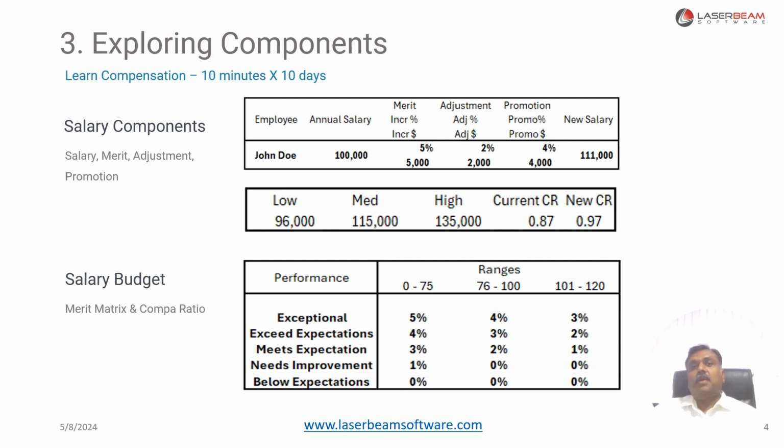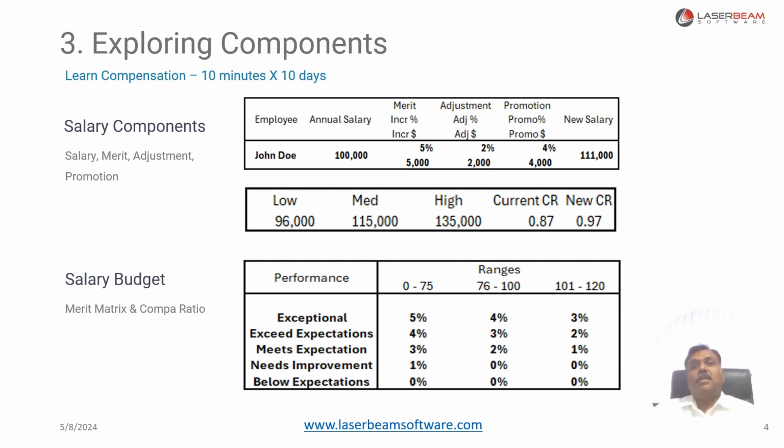Similarly, if someone else meets expectations, and they are below, so that they are between 0 and 75, they get a 3% increase. So we take their salary, apply 3%, and then add up these increases together, and that builds the budget.